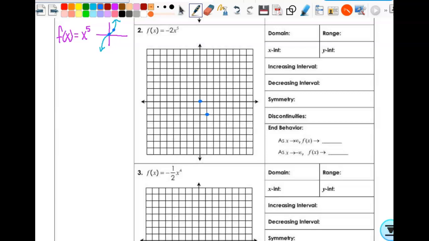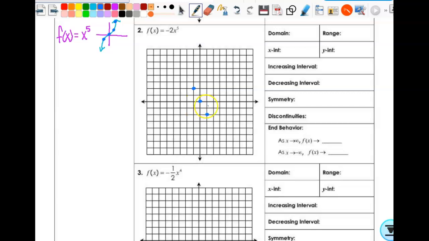What's my next anchor point? Negative 1, what? Negative 1, because negative 1 to the 5th is negative 1. So -1, -1, reflecting the x-axis, vertical stretch by 2. My next anchor point, if this was a cubic, it would be 2, 8, but it's not 2, 8, it's 2 what? 32, because 2, 4, 8, 16, 32. Count on your fingers, that's the way I do it.